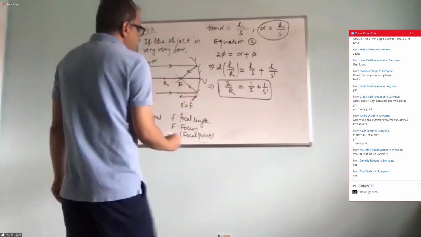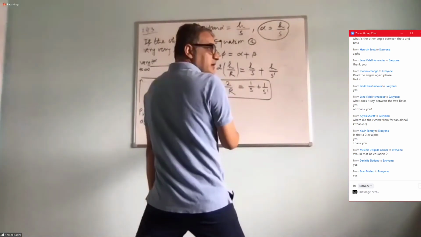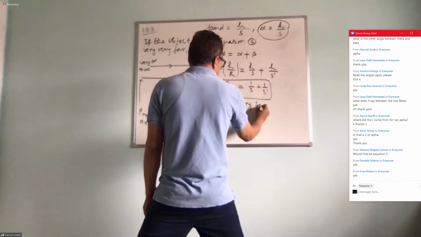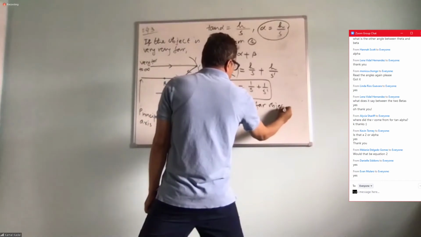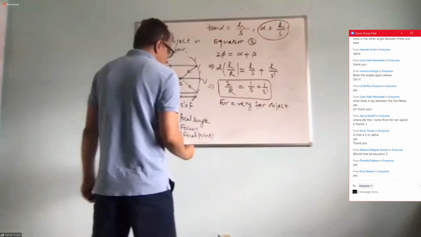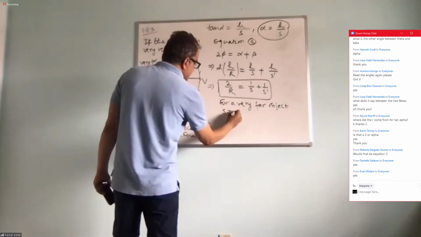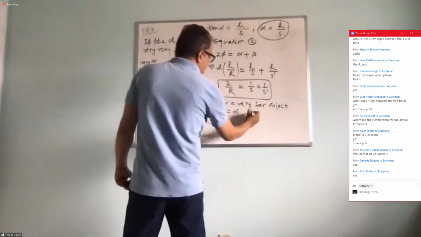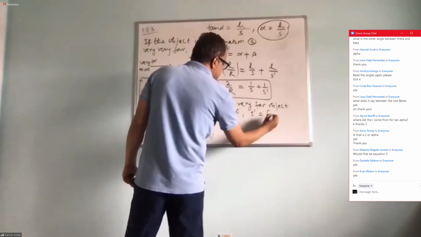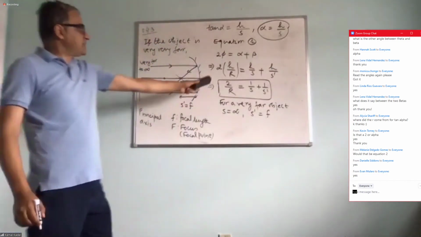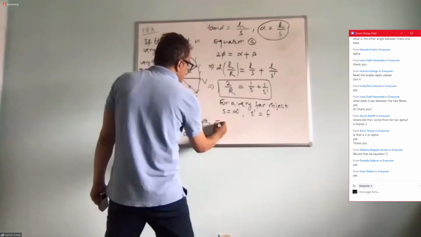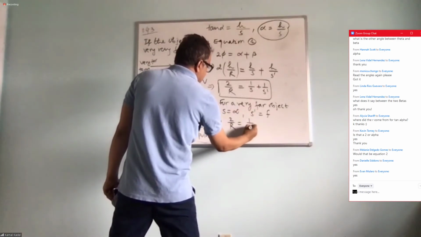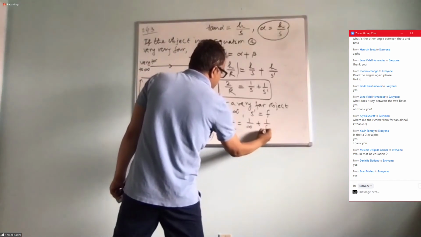If we apply this here, for a very far object, s equals infinity, the light will come parallel and the image will form at the focal point. That means s prime equals f. If you plug that in, you have 2 over r equals 1 over infinity plus 1 over f.